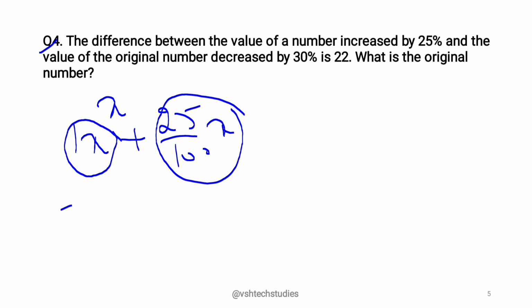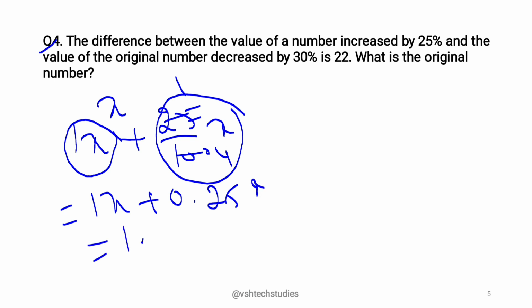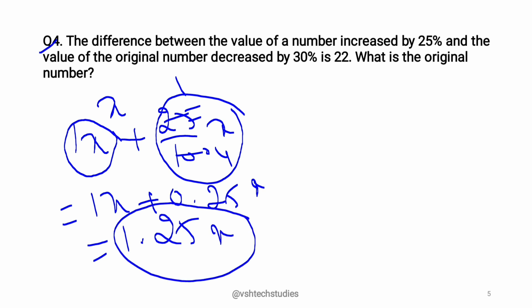Okay. So then if you simplify, 25 ones are 25, 25 fours are 100, so 1 by 4 means 0.25x. So 1x plus 0.25x is 1.25x. So this is the number when increased by 25%.